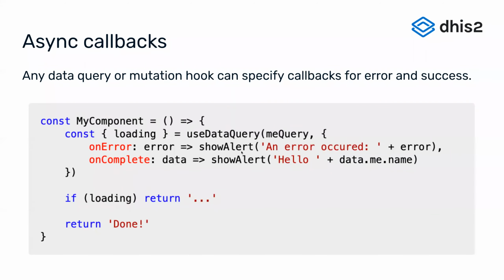On error, we can show an alert, using a function called show alert, which I should have passed as a prop into this component. Somewhere else in the application, it would show an alert that says an error occurred with the error message. Similarly, when the query was successfully completed, we could show an alert that says hello name. So we're rendering a component that shows us when we're loading and when we've finished loading, but the actual reaction to the error or success states is showing an alert somewhere else on the page.